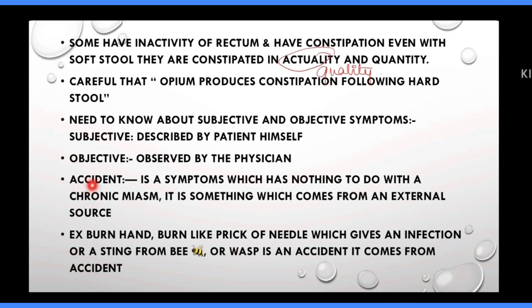What is the meaning of accident now? It is a symptom which has nothing to do with the chronic miasm. It has nothing to do with psora, syphilis, sycosis or tubercular miasm, but comes from an external source. Examples are a burned hand, a prick of a needle which gives an infection, or a sting from a bee or wasp.